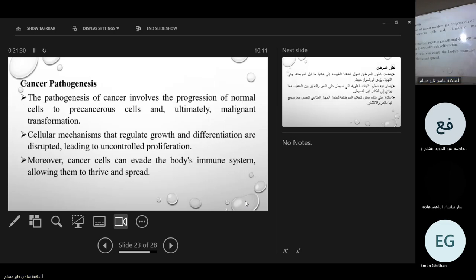Go on. Cancer pathogenesis. Pathogenesis, طويلة.